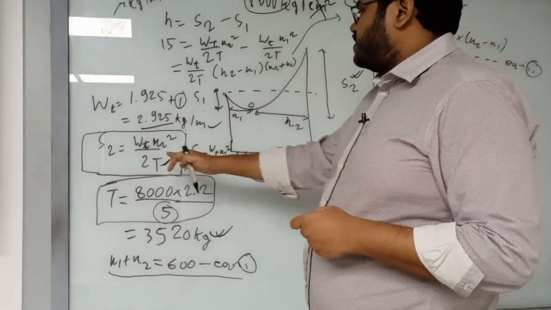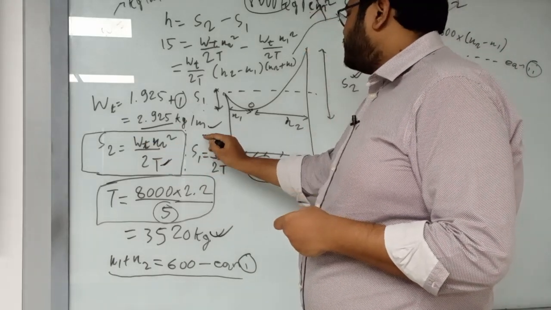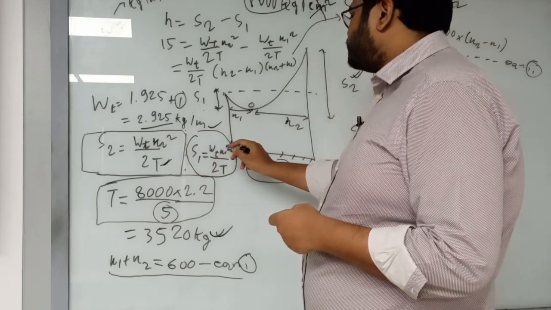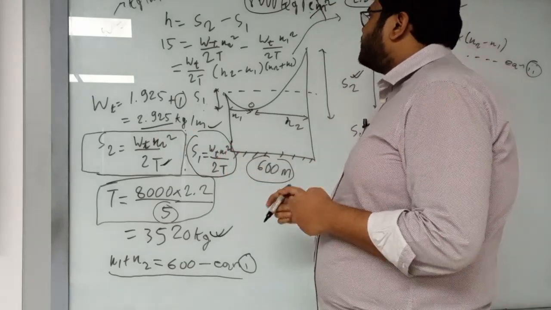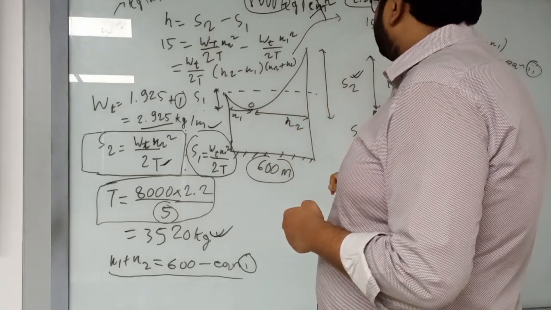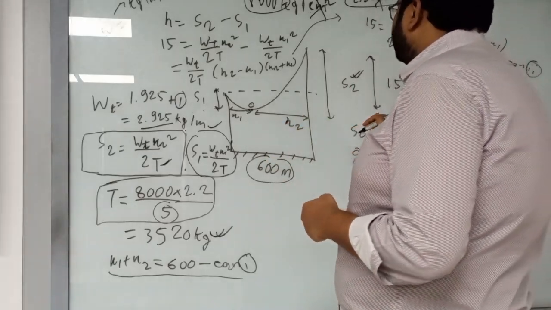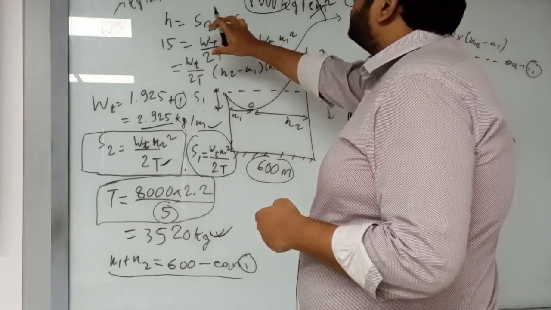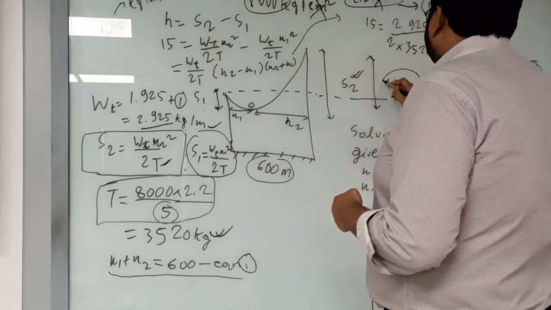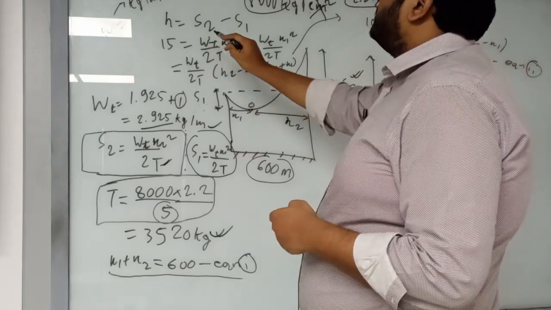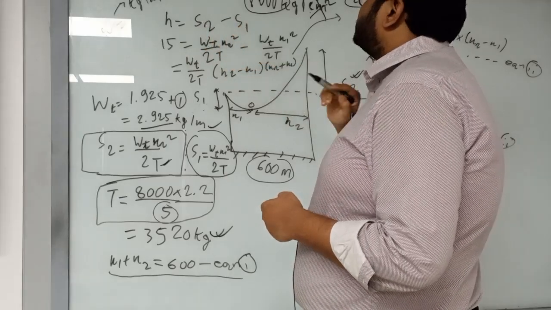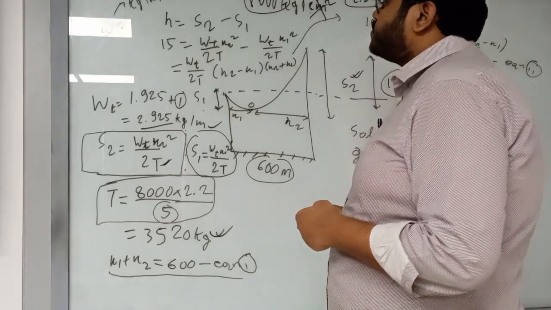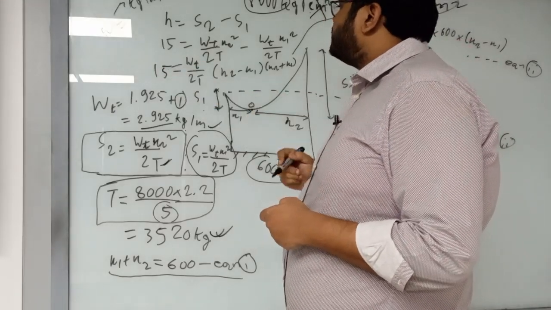Now, we found S2, and we write another equation for S1, which is the same, Wt into x1 squared divided by 2T. We are also provided with the information that the difference between S2 and S1 is 15 meters. So we can say H equals S2 minus S1; we put the S2 and S1 values in the equation, and this is 15.